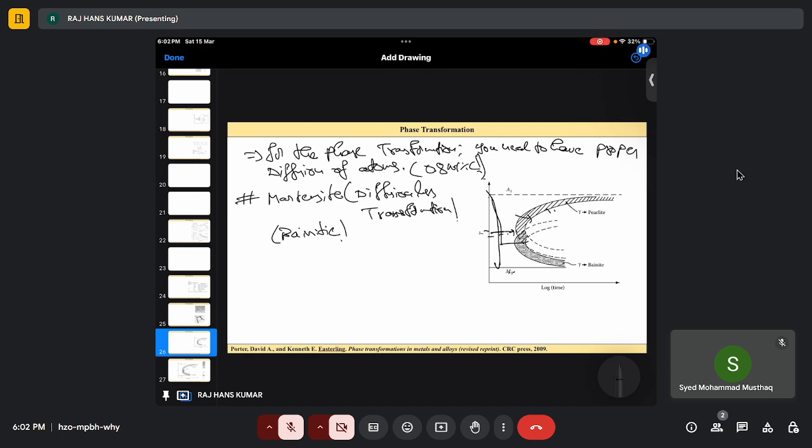Here you have lamellar; there you have rods and leaves, or leaf-like morphology. So this will be discussed in the next session. Depending upon the cooling rate, you can achieve different types of microstructure morphology in steels. So yeah, that's all.